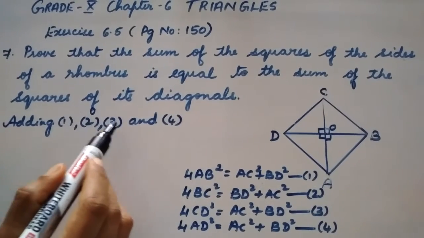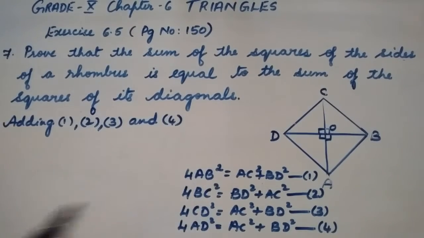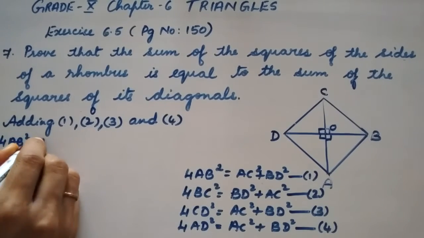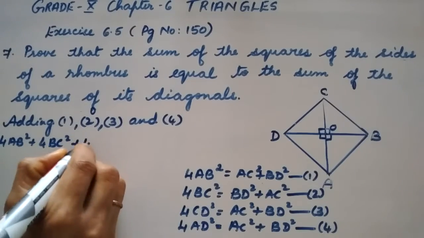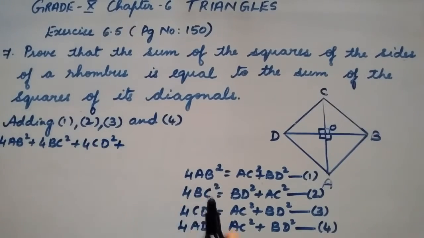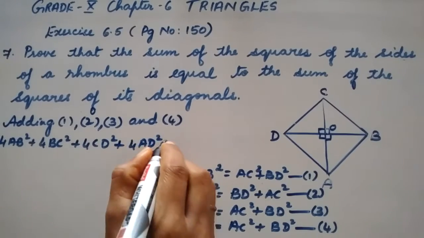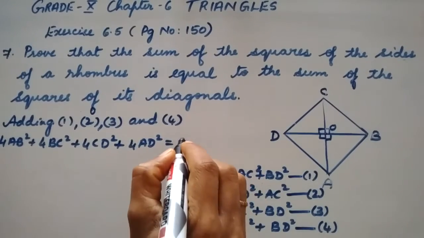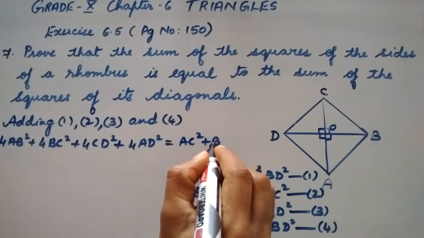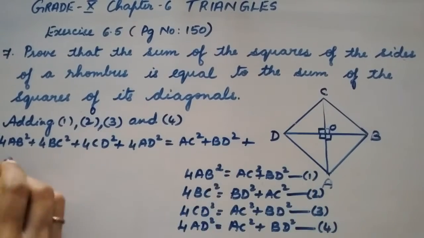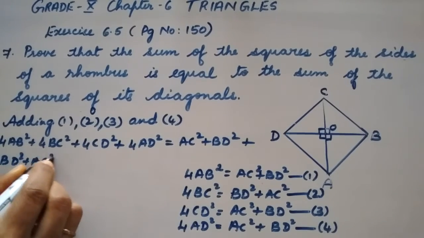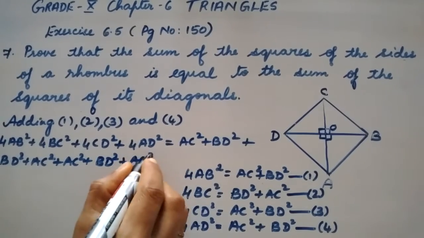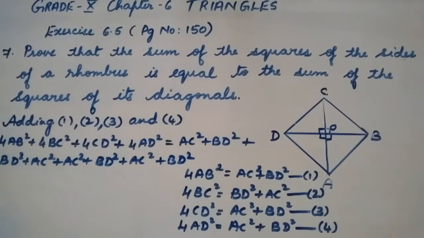So adding 1, 2, 3 and 4, first let us add the left hand side, that is 4AB square plus 4BC square plus 4CD square plus 4AD square is equal to, and then add what is there on the right hand side, that is AC square plus BD square plus BD square plus AC square plus AC square plus BD square and plus AC square plus BD square.